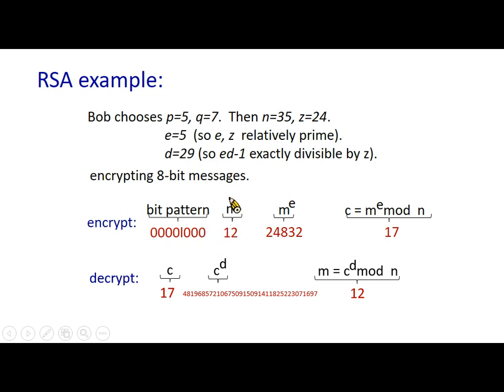We encrypted the 12, and based on this RSA example, we decrypted it to get the message back. It's a wonderful solution using this mechanism, encrypting the 8-bit message. The m is totally the same.